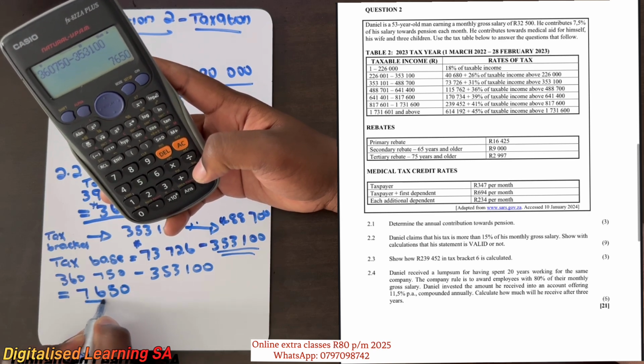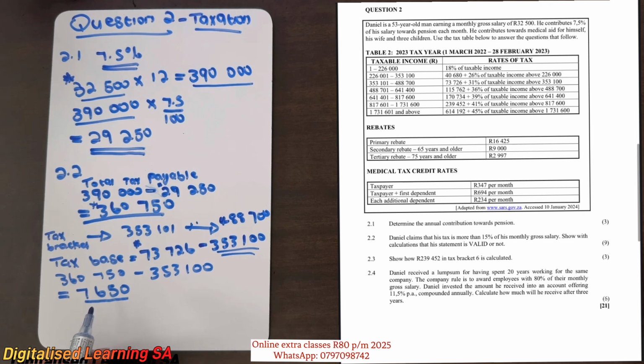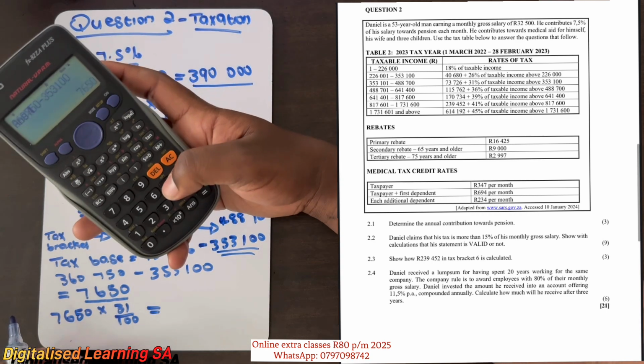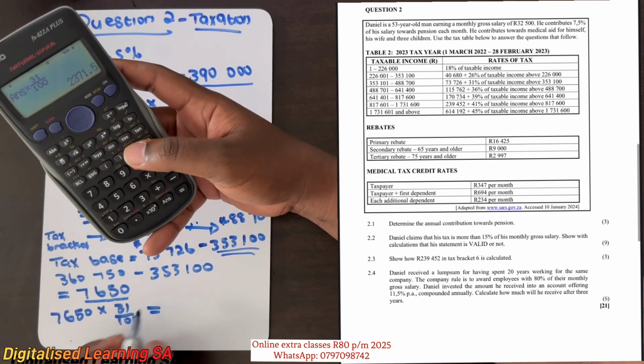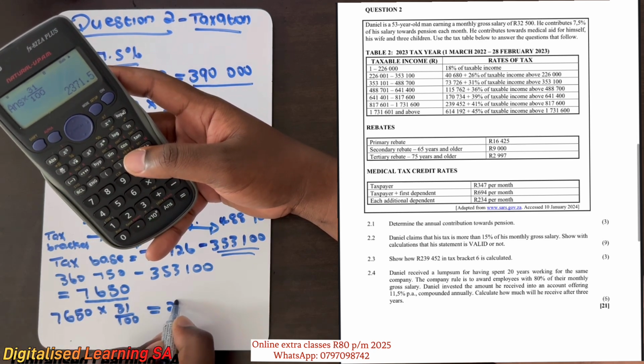So we need to calculate tax for this amount. If you look at that row for our tax bracket, we can see that the tax percentage is 31%. So we need to calculate 31% of this amount. We say 7,650 multiplied by 31 divided by 100, and we will get 2,371.5.